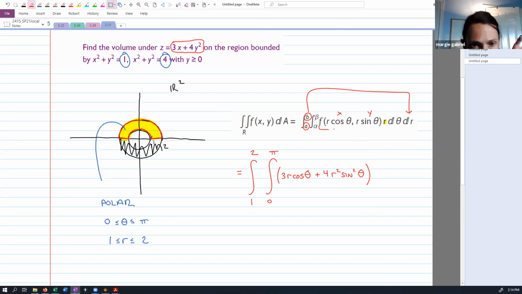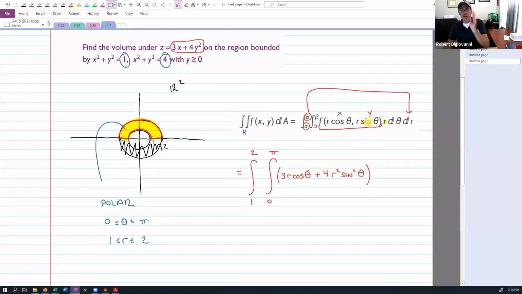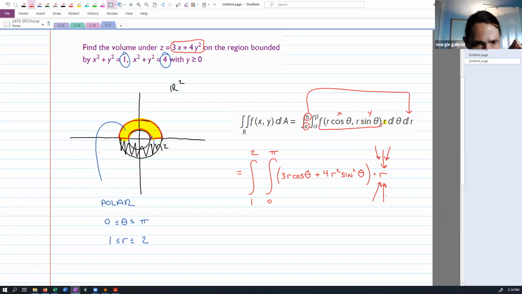Because we're going from Cartesian to polar, you must always, always, always have an r in there, all right? And then you can do your d theta dr.